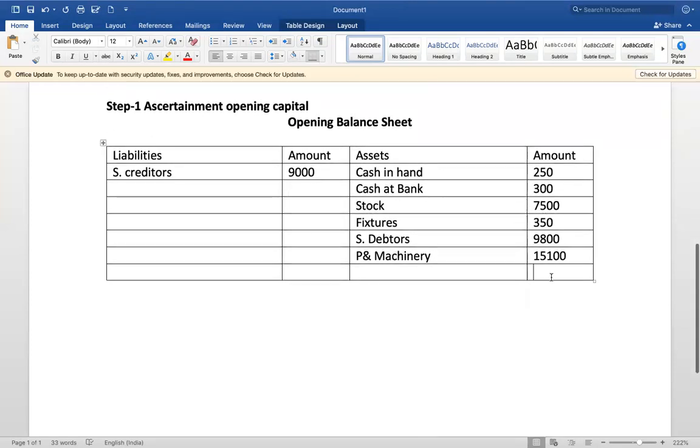So what's the total? 250 plus 3,000 plus 7,500 plus 350 plus 9,800 plus 15,100 comes to 36,000. The difference between 36,000 and 9,000 is 27,000.